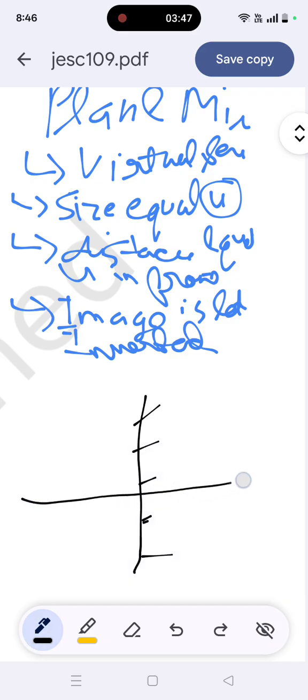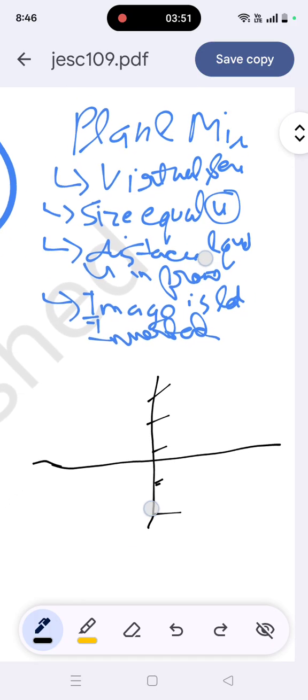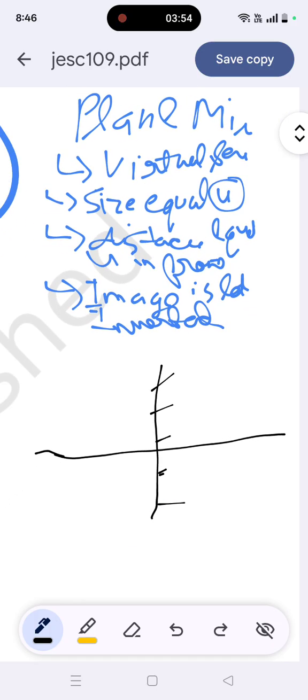This is the center which we always take. So how is the image formed in a plane mirror? Suppose this is an incident ray. This is the pole. The center of the mirror is known as the pole. This is the incident ray. After reflection it will go back here.